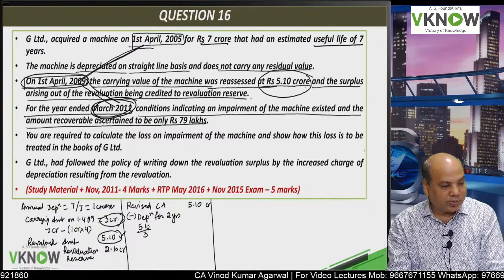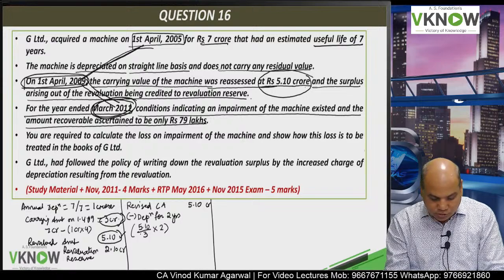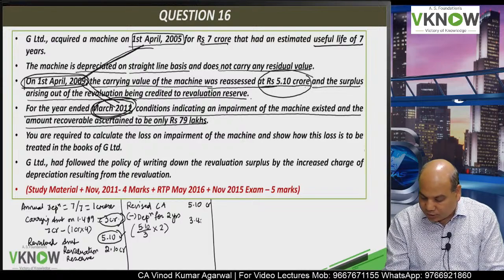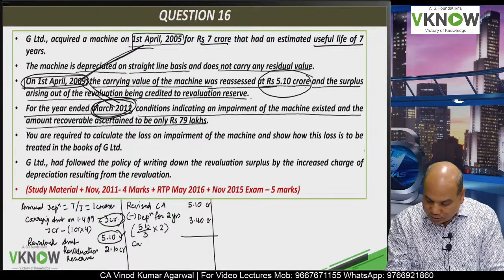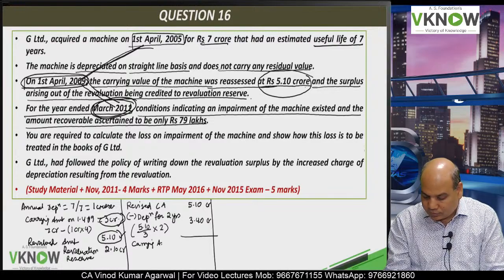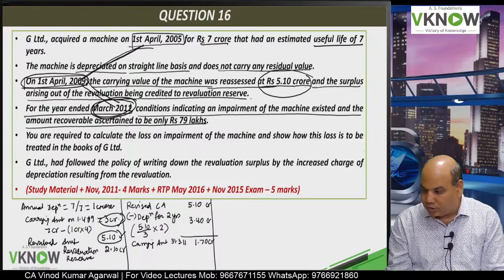So only 3 years are remaining. 5.10 divided by 3 multiplied by 2. So this is the total depreciation provided in the last 2 years. So my carrying amount on 31st March 11 should be 1.70 crore.